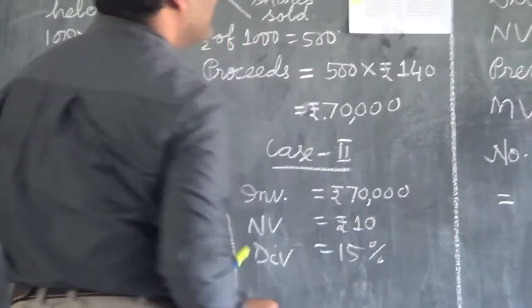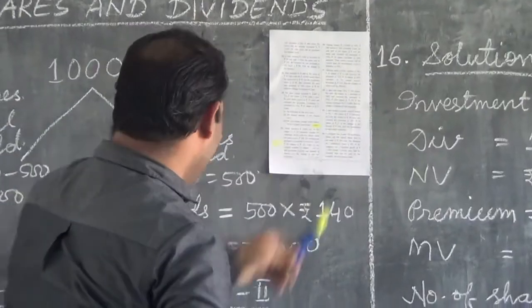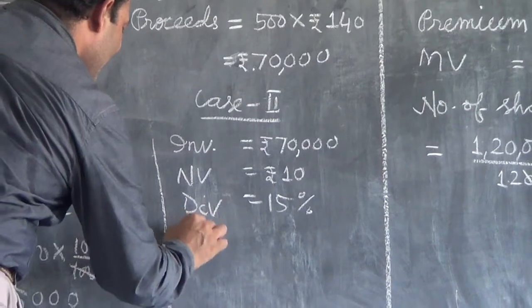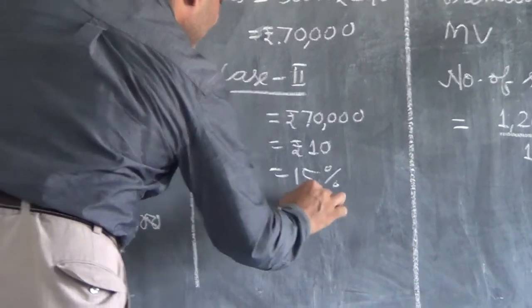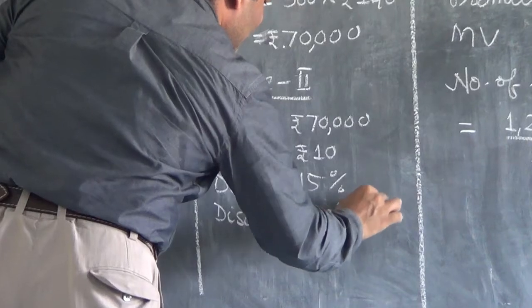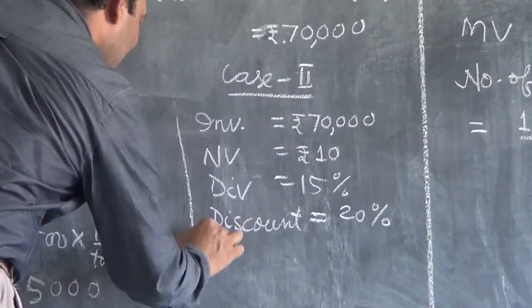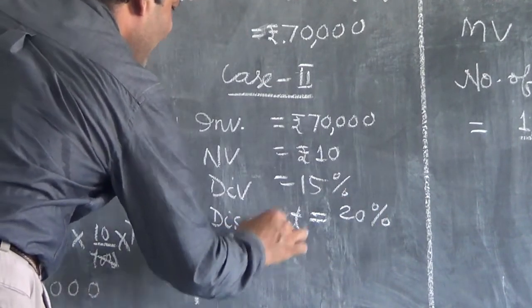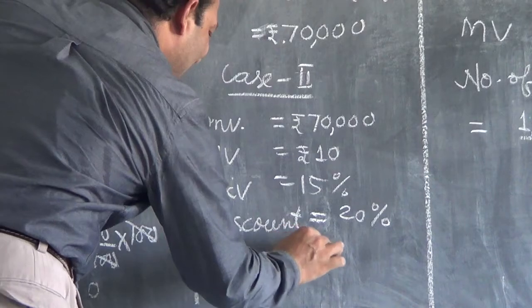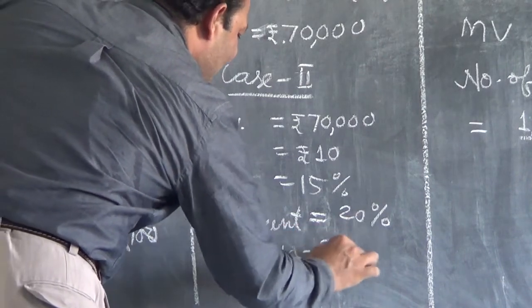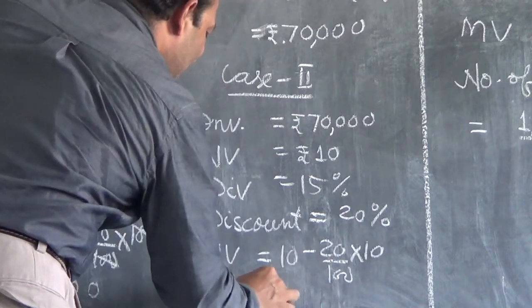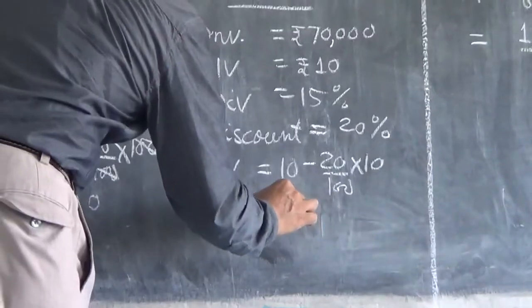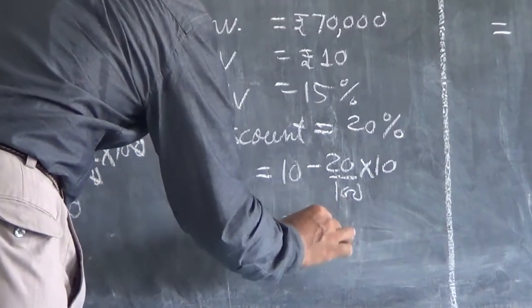And discount is given how much? 20% discount. If discount is 20%, market value will be nominal value, that is 10, minus 20% of 10. So 10 minus 2 comes to rupees 8.